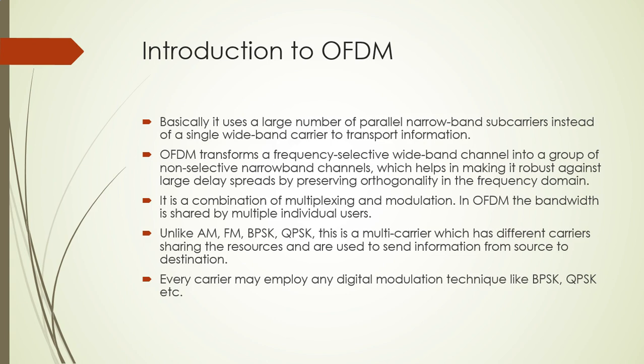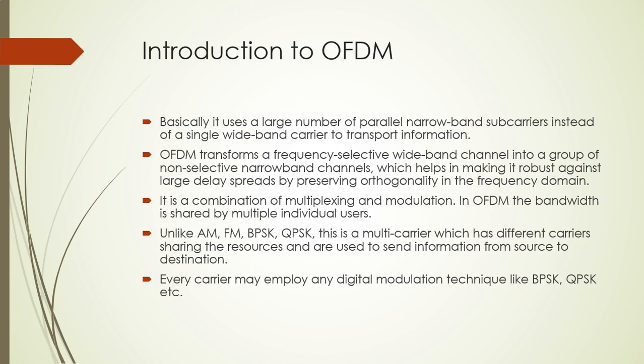Basically, it uses a large number of parallel narrowband subcarriers instead of using a single wideband carrier to transfer the information. OFDM transforms a frequency-selective wideband channel into a group of non-selective narrowband channels, which helps in making it robust against large delay spreads by preserving orthogonality in the frequency domain. It's a combination of multiplexing and modulation.